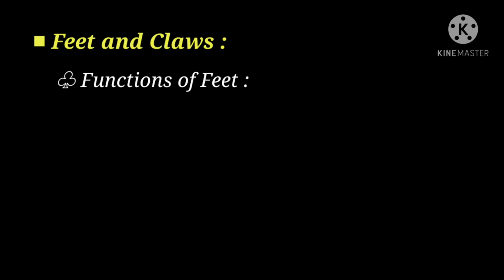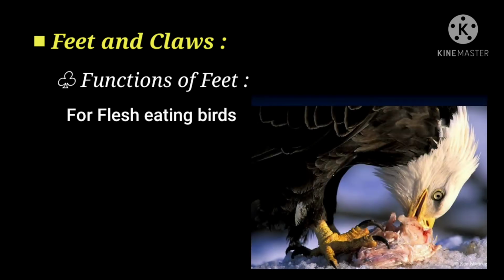In some birds like eagle and vultures, we know that these are the carnivorous birds. That means they eat flesh of the other animals. So they have strong legs and sharp pointed claws.